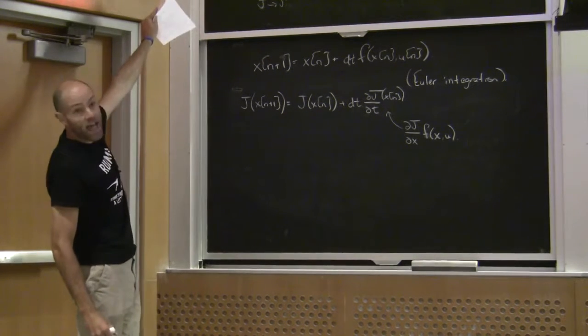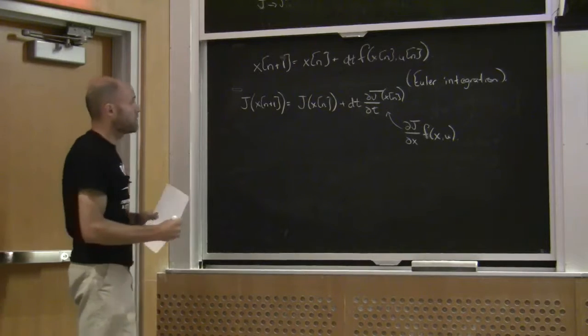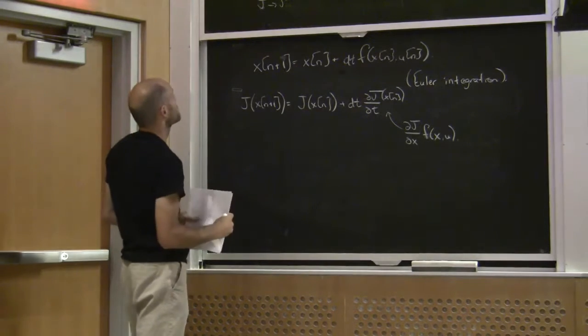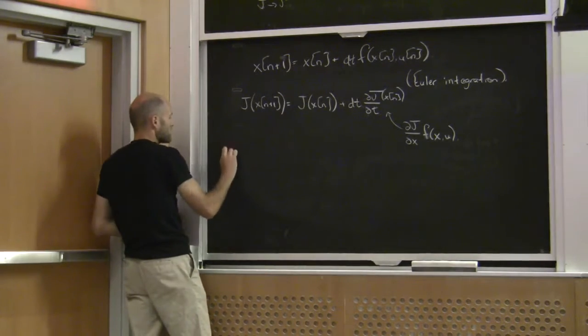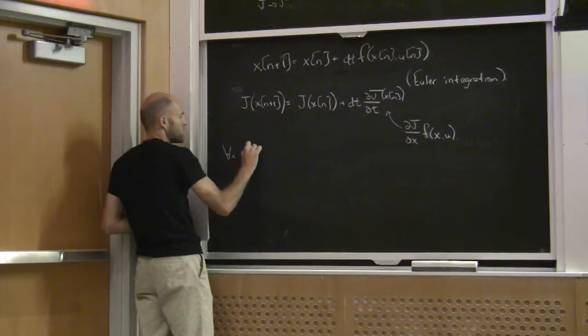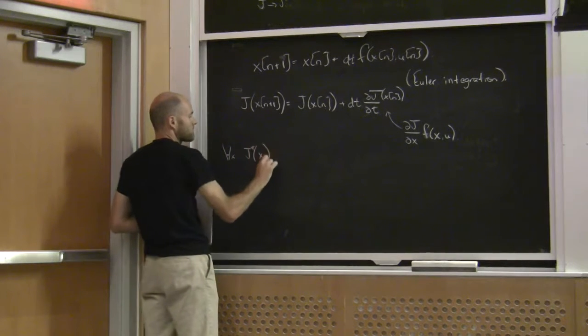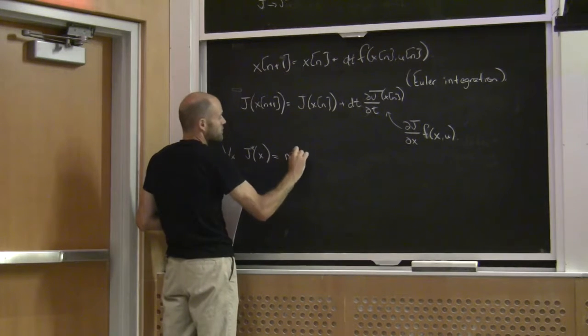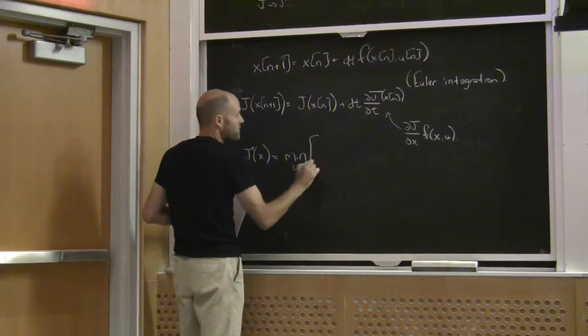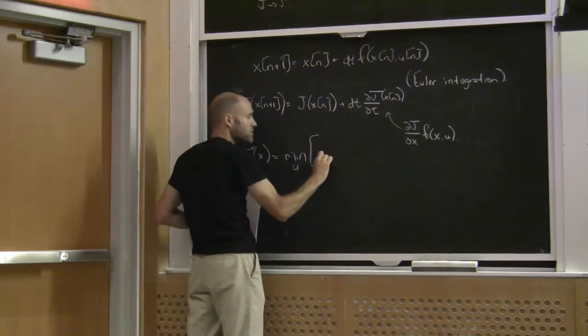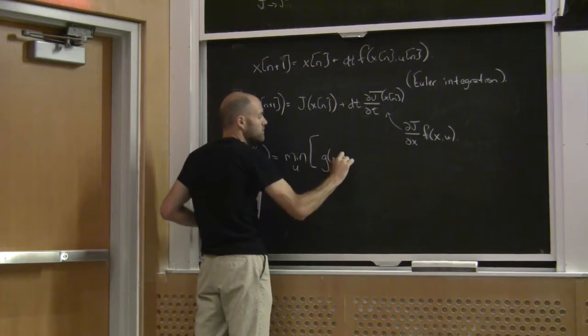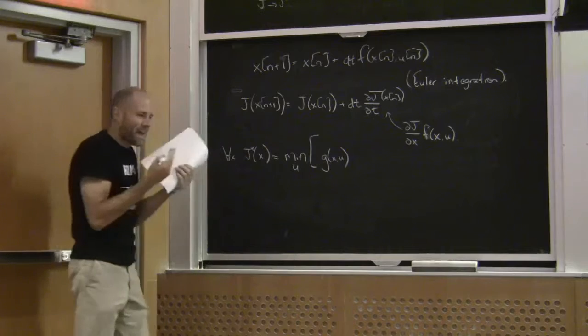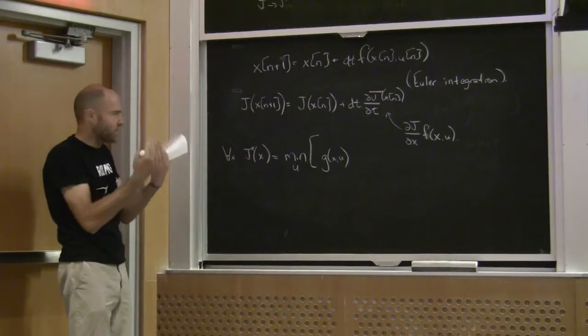So if I write down that exact same equation, but now use this as an approximation, I'd like for all x, J star of x to be the minimizer over u of my one-step cost. But now it's the one-step cost over some interval.